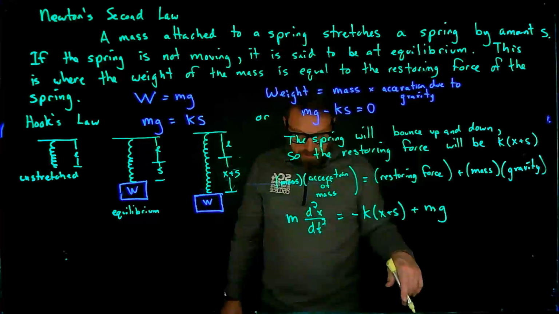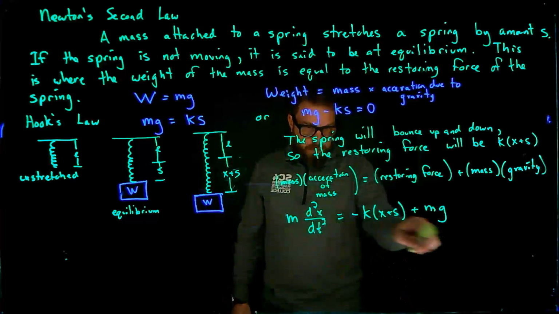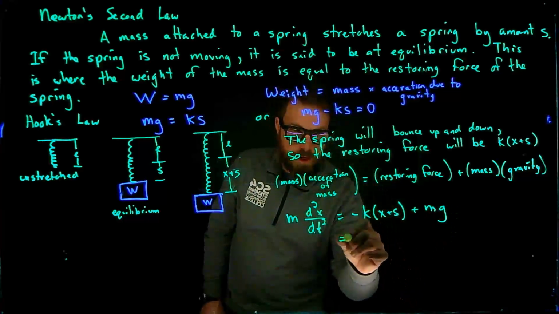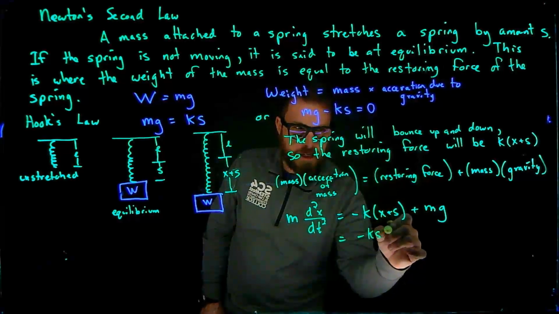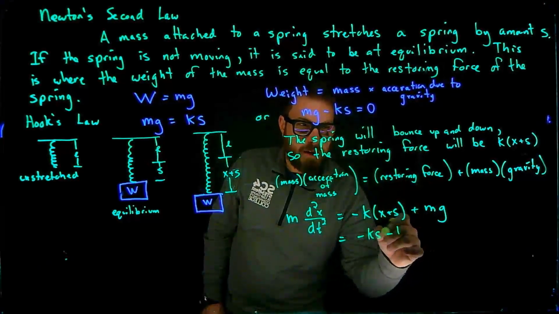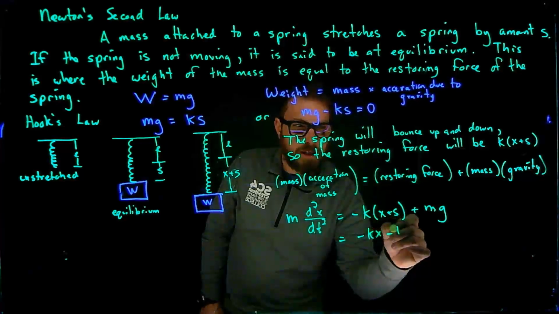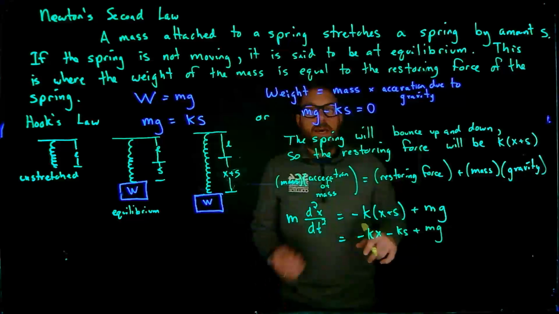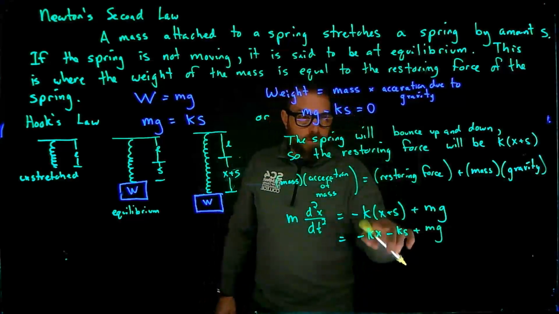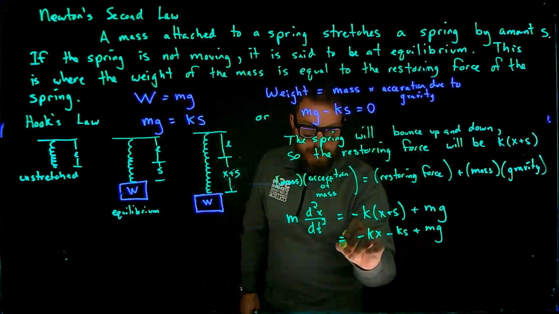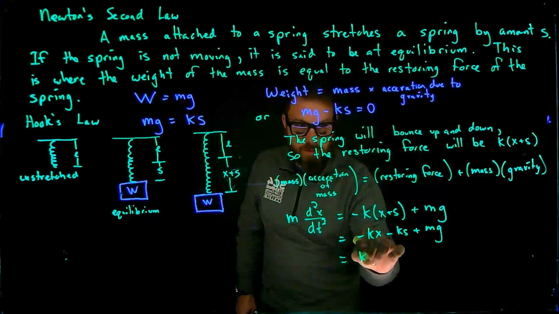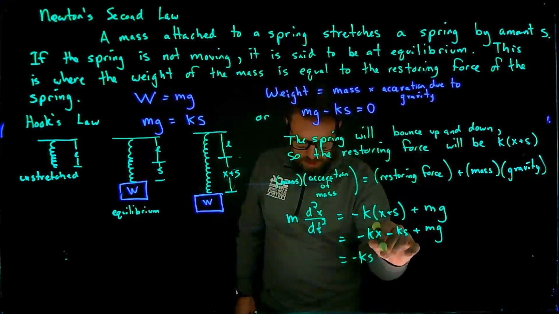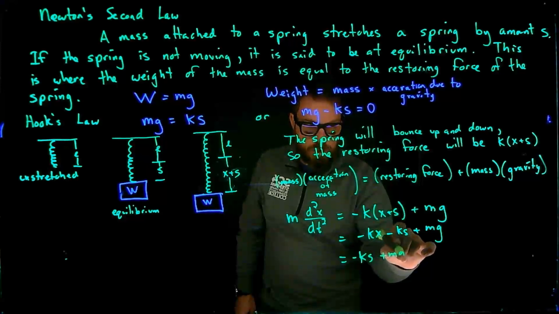Now, when we multiply this out, we're going to have minus kx minus ks plus mg. And what we know is that this piece right here is the same thing as mg minus ks. So this is minus ks plus mg minus ks.